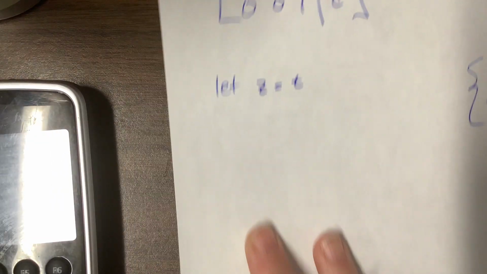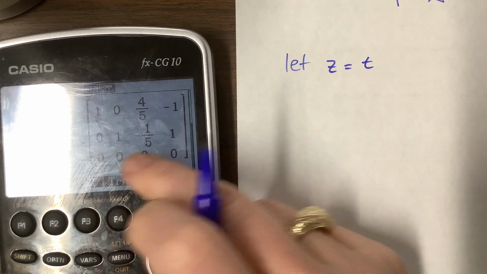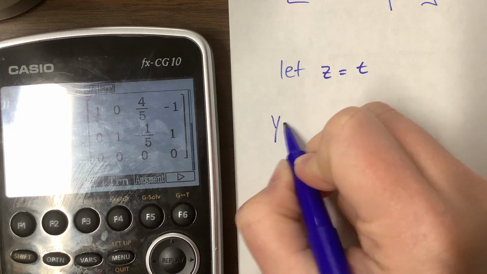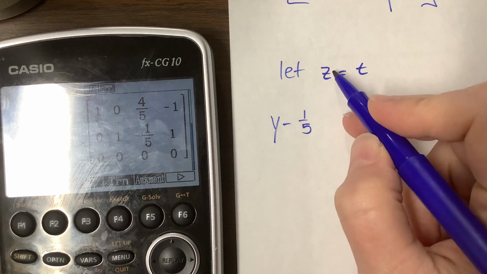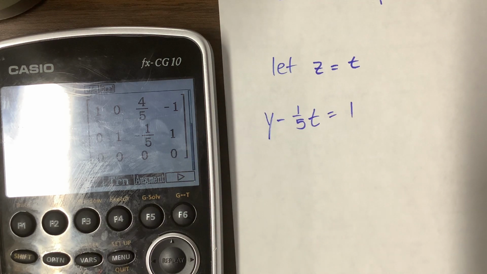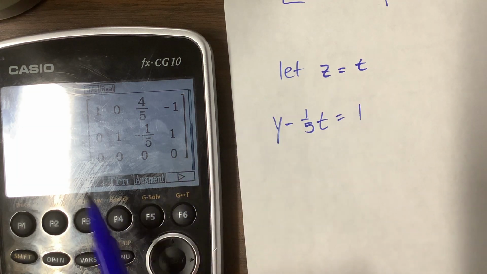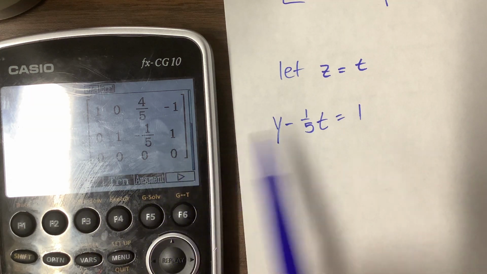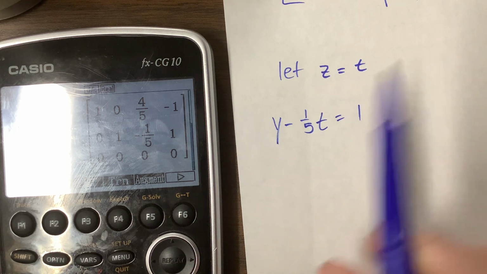Okay, so what I know from here is that my 1y minus 1/5 z, but z is now t, is equal to 1. So I skipped the step to say that this is y minus 1/5 z equals 1. Let me try this one more time.